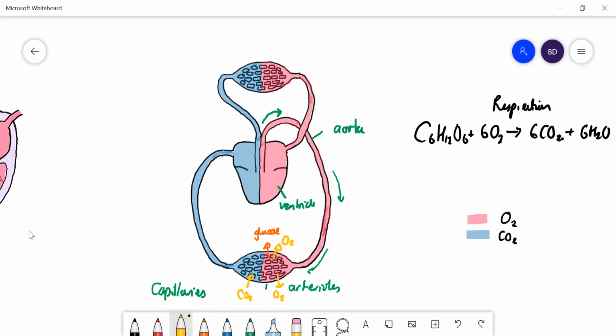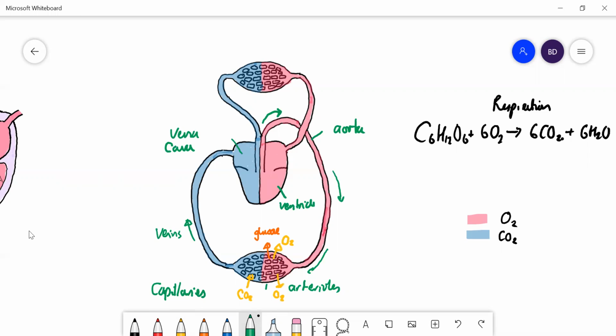It's low in oxygen. This will then return in blood vessels called veins, not arteries. They return blood to the heart, and eventually this is called the Vena Cava, which is the biggest vein in the body.